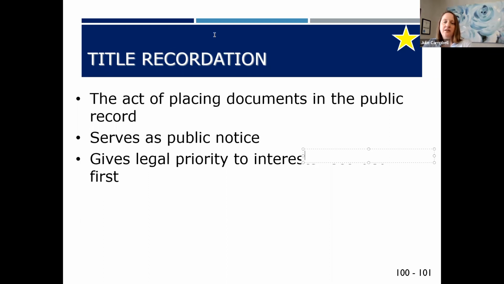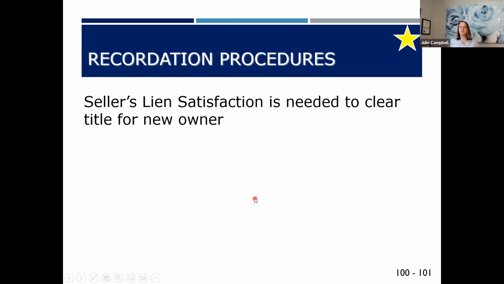As we mentioned, in that order, there's going to be the seller's lien satisfaction, the seller's payoff on any outstanding liens they have. This has to be recorded first before the attorney can record the buyer's new deed. Talking more about the attorney and their process, that's all coming more in Unit 21.